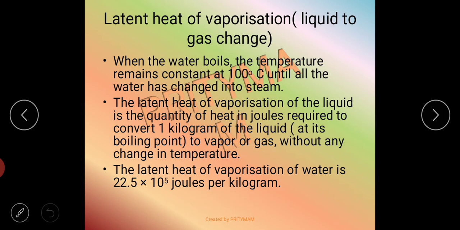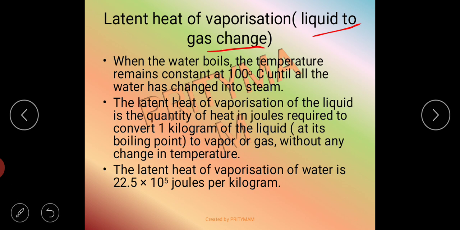Now let's discuss the latent heat of vaporization, meaning the change from liquid to gas. In the same way, we are going to conduct one activity. Now, instead of ice, we are going to take water in the beaker and suspend a thermometer as we had done there.